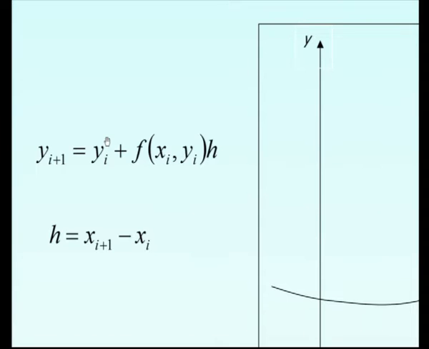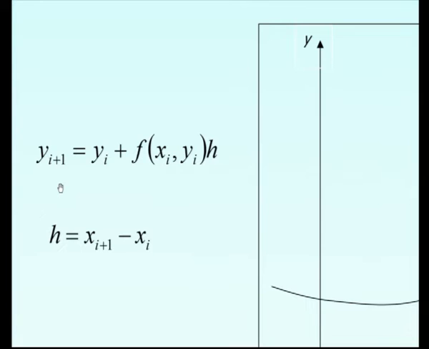Once again I will just explain the method. Knowing the previous value y I, the approximate solution value at the x ith point, we would like to compute the approximate value at the x I plus 1th point using this equation. Here y I is known, the f expression is known at x I, h is also known, and the only unknown is y I plus 1.